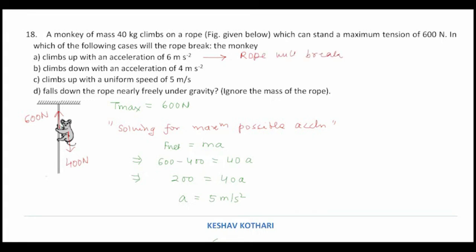In the second case, the question is asking us about the monkey climbing down with a certain value of acceleration, that is 4 meter per second square while climbing down.